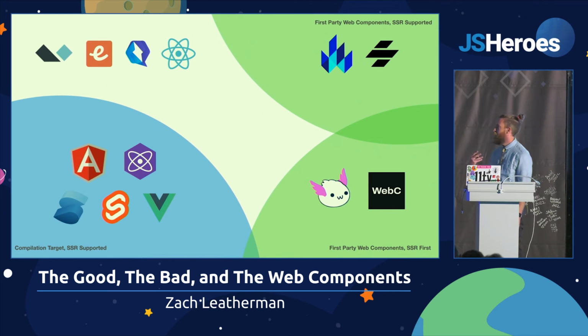And when you look at the different examples of component frameworks that exist, in the lower left quadrant, we have the compilation target audience. In the top right corner, we have first-party web components that do support server-side rendering. And then in the bottom right corner, there are two existing frameworks that I'm aware of that treat server-side rendering and web components as a first-party thing.